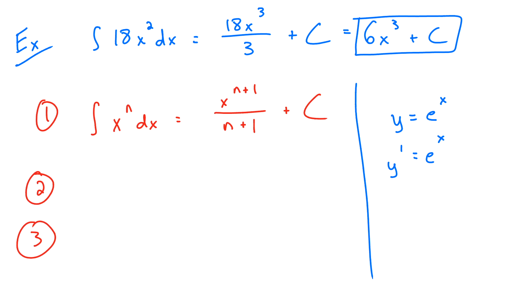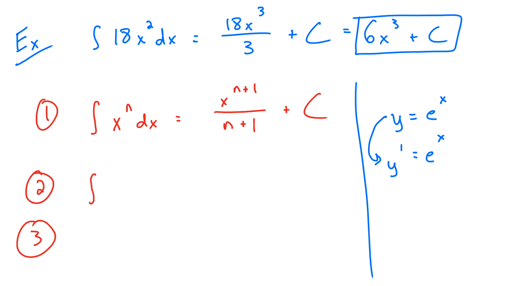So we're used to, again, starting with y and finding y prime. So I want to generalize this because I want to be able to integrate. I want to be able to find the integral of e to the x power dx. So that would mean I'm starting with y prime and working my way backwards. Hopefully it's not surprising.